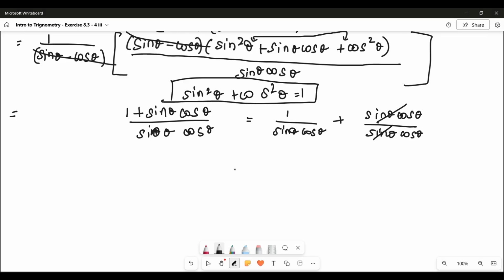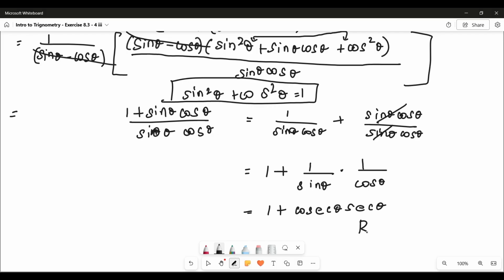This becomes 1 plus 1 by sin theta times 1 by cos theta. I have again split the denominator. So this becomes 1 plus, 1 by sin theta is nothing but cosec theta, and 1 by cos theta is nothing but sec theta. Hence proved. This is your RHS. A little lengthy problem but an interesting one.